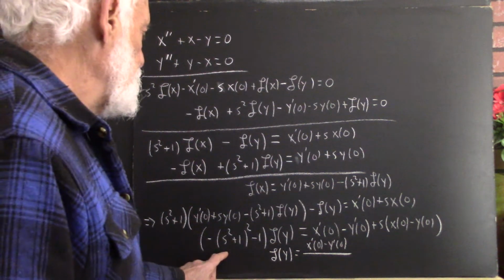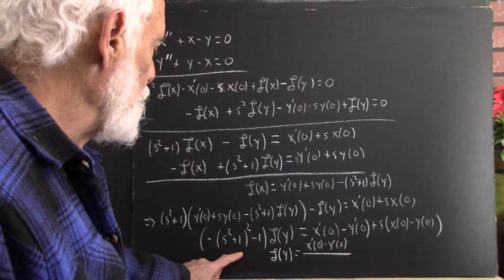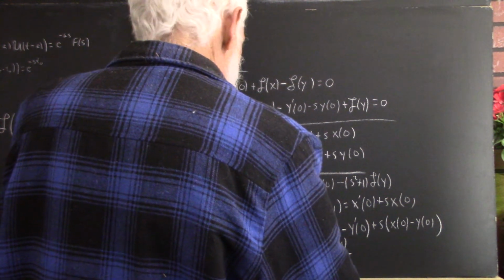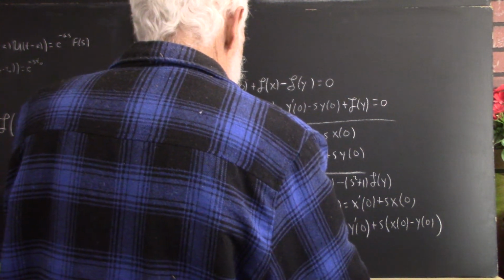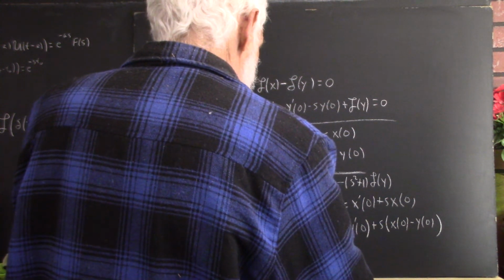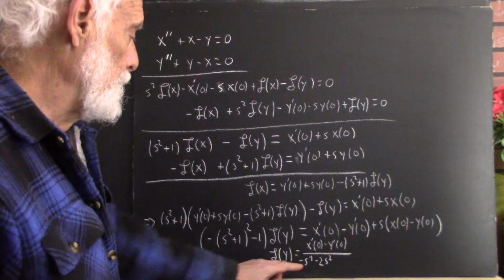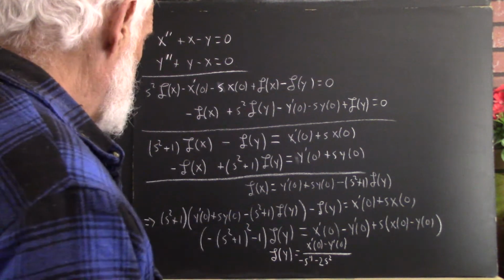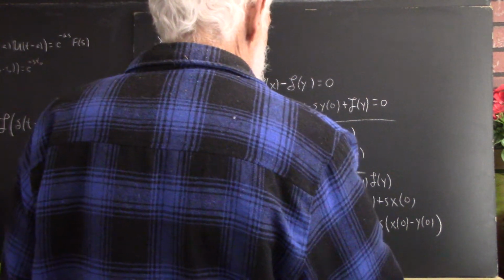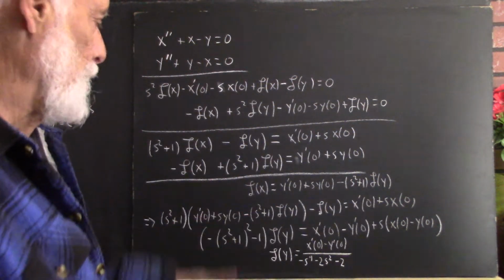Again, expanding this gives you a negative s to the 4th and a negative 2s squared. And then you got a negative 1 and a negative 1, which gives you a negative 2. Again, which makes me think I've got a mistake there.